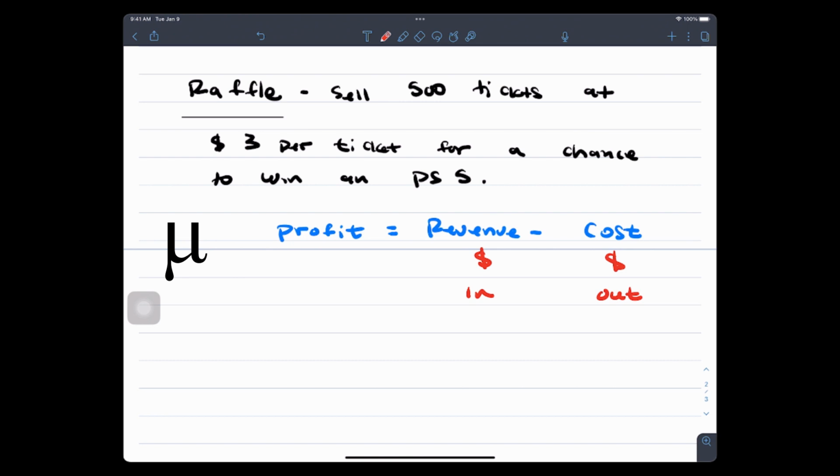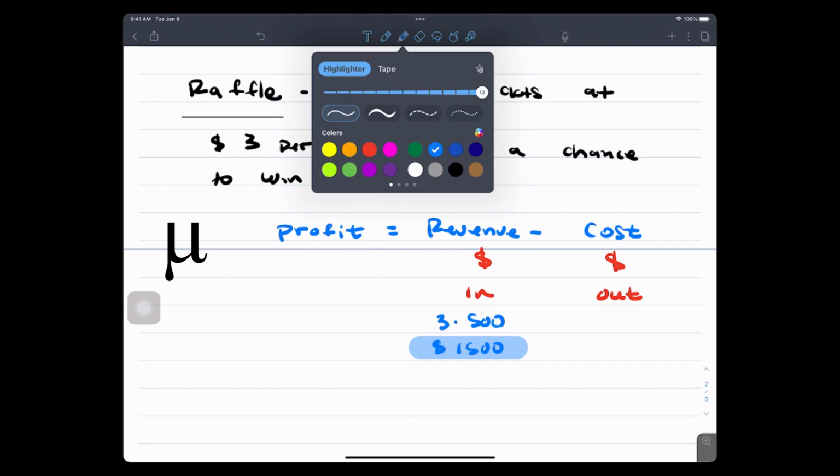So if I said to you guys, what's your revenue here for this model that we're looking at? You sold 500 tickets at $3. What does that mean? What's your revenue? How do you know that's 1,500? Because 3 times 500 is what? 1,500. You guys okay with that? So you brought in revenue. How much did you bring in? $1,500. Is that true? But what is the cost? Do you guys know what the cost is?